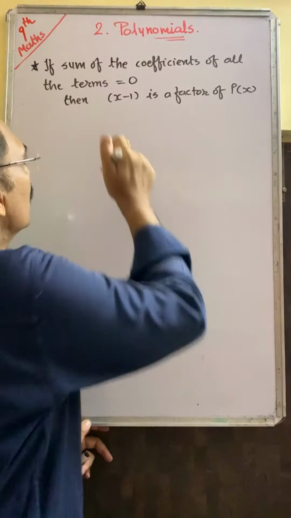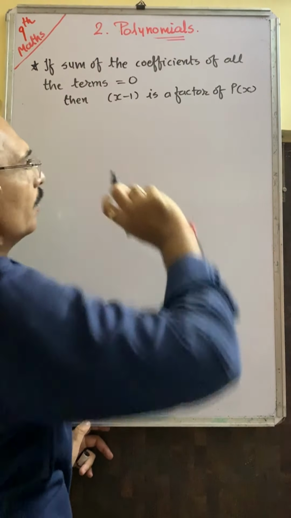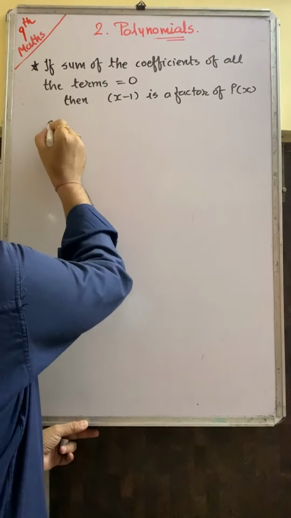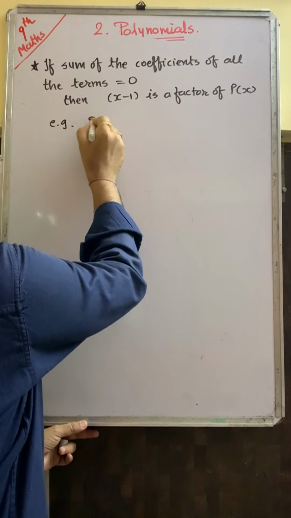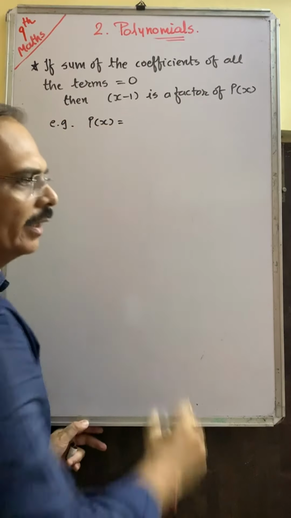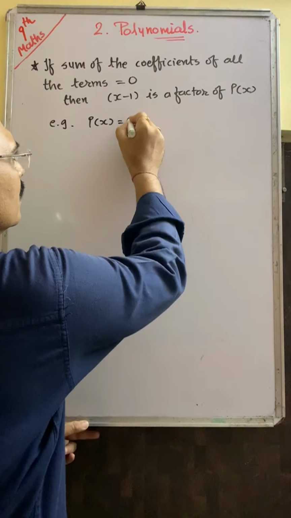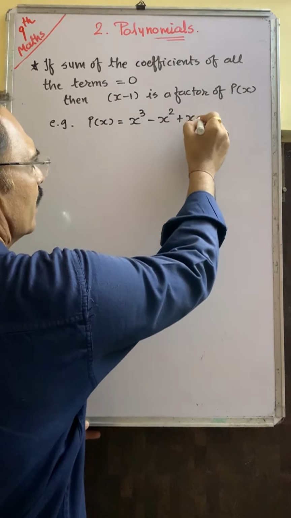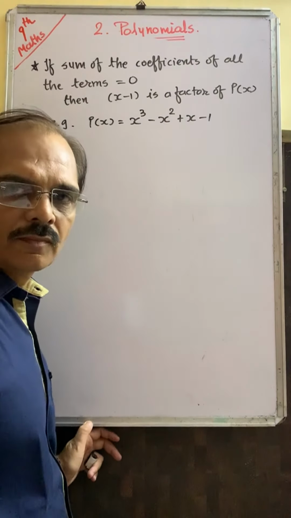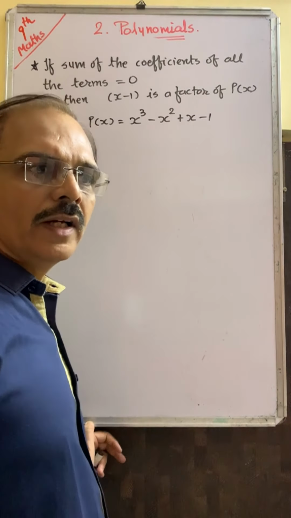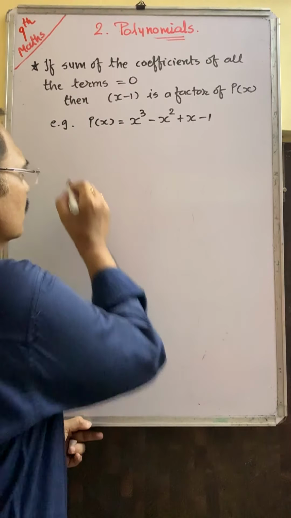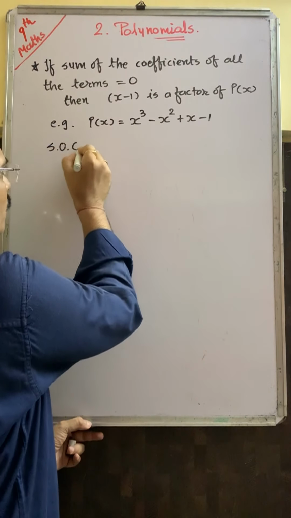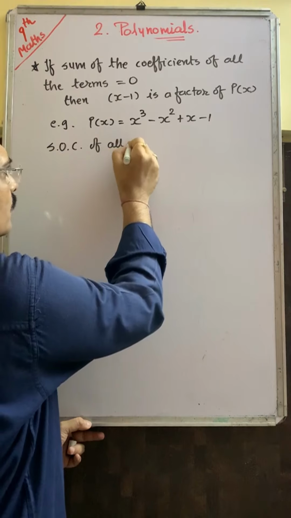Again, sum of the coefficient of all the terms. As for example, let p of x, means polynomial is over x, we select x cube minus x square plus x minus 1. Okay, now try to find out the sum of the coefficient of all the terms.